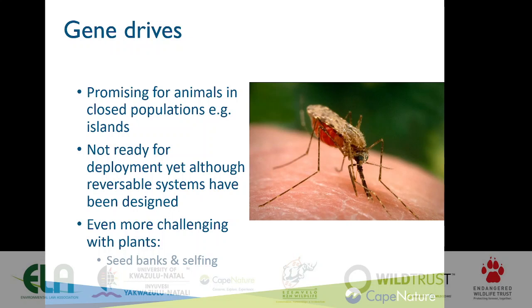This technique is not ready for deployment yet, although reversible systems have been designed. It is even more challenging with plants because plants have typically seed banks which can supply a constant source of non-altered genomes, and they also have the ability to self-fertilize.